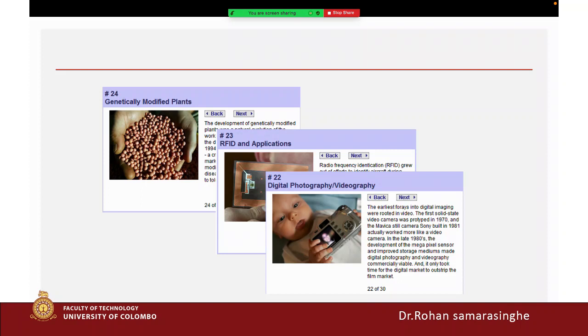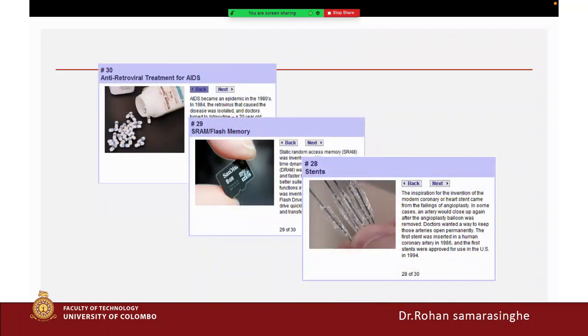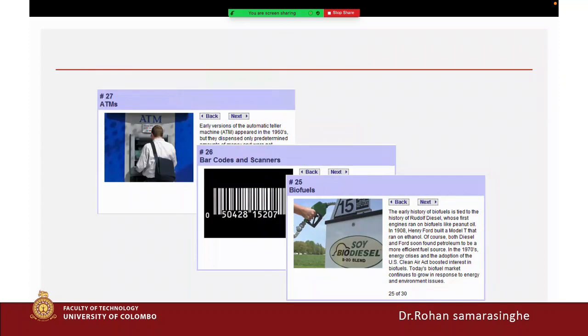especially the ICT. When you consider these things, ICT, especially when I go through this one. Here, the medical field and flash memory are also related to ICT, and stents are also in the medical field. The ATM is a machine, but inside that, ICT technology is used. When you enter the PIN number, the authentication check that verifies you also uses ICT.